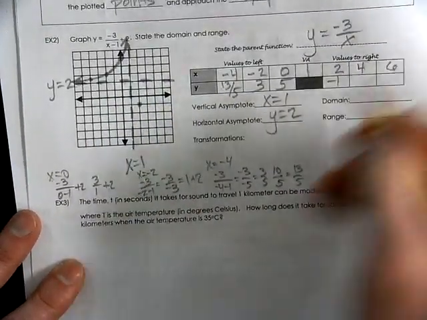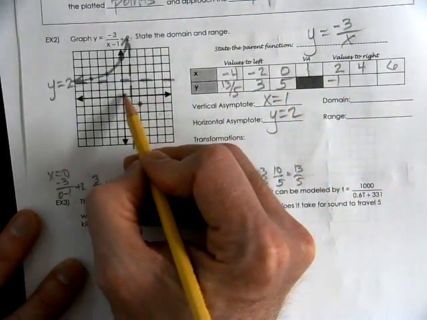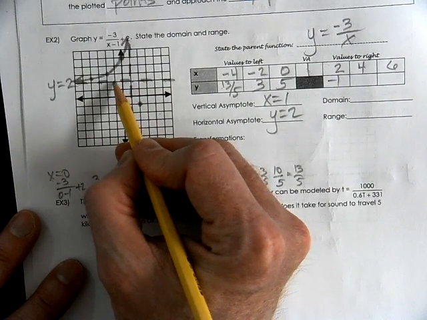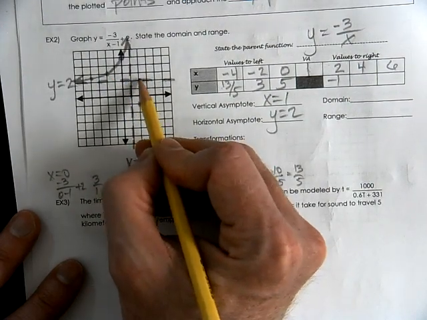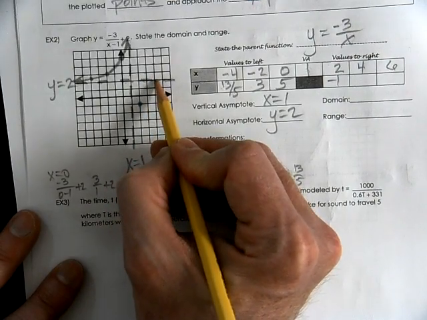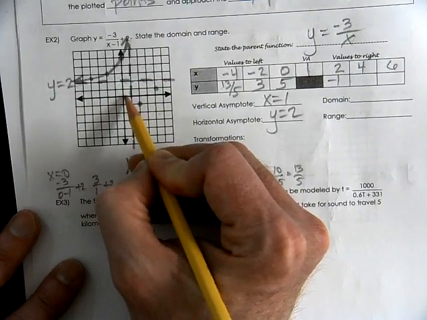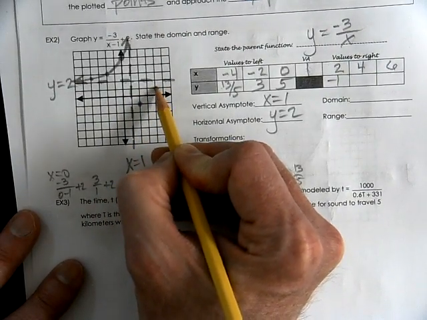Negative 1. So when x is 2, I'm at negative 1. Now from our new origin, 1, 2, 3 to the left, up 1. So I'm going to go 1, 2, 3 to the left, down 1. So when x is 4, my y value is 1.